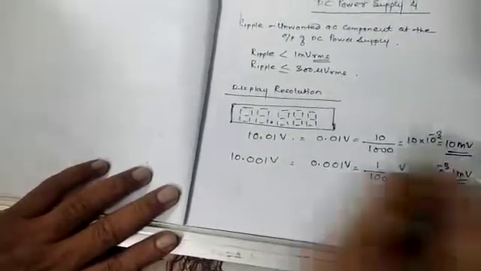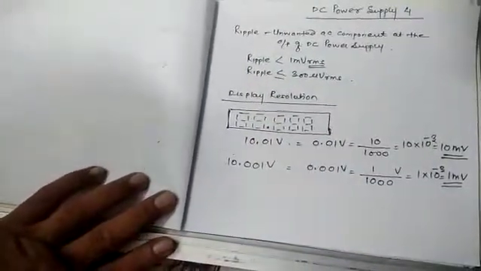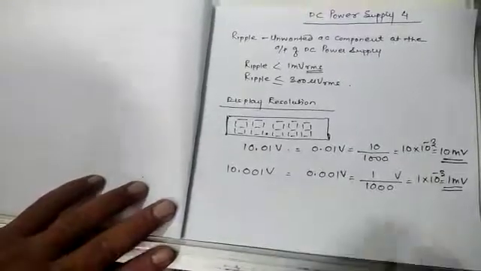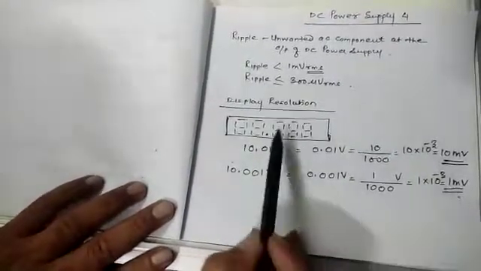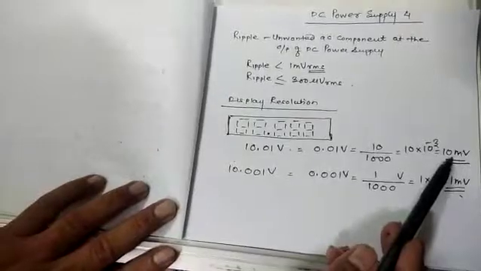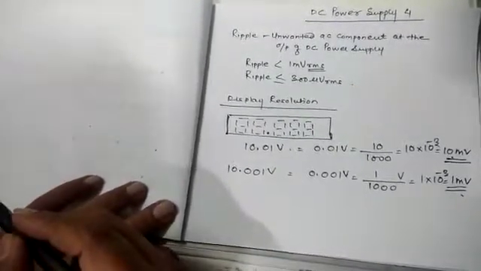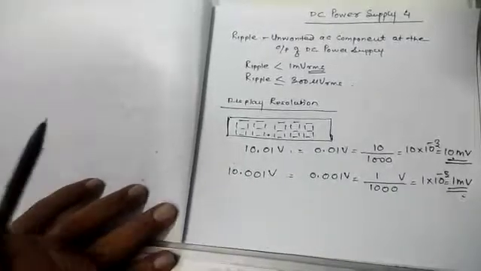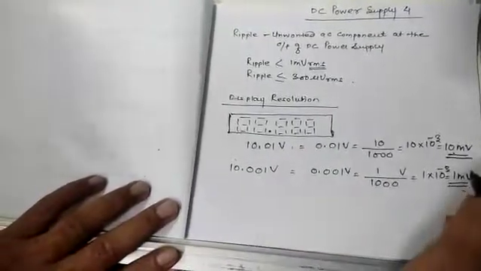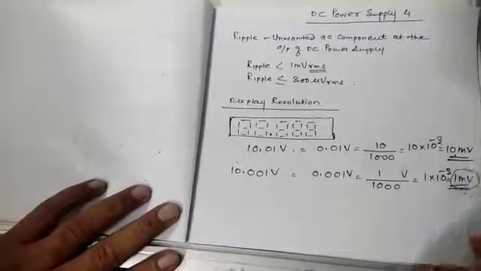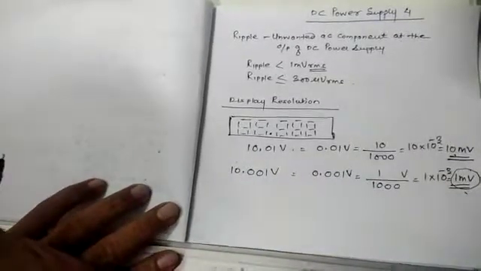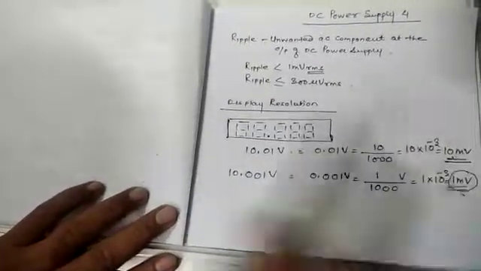So now this power supply has a display resolution of 1 millivolt. In the other one, the display resolution was 10 millivolts. I can set the voltage from the previous to the next in steps of 10 millivolts, but here I can set 1 millivolt. So this is definitely much better than 10 millivolts.